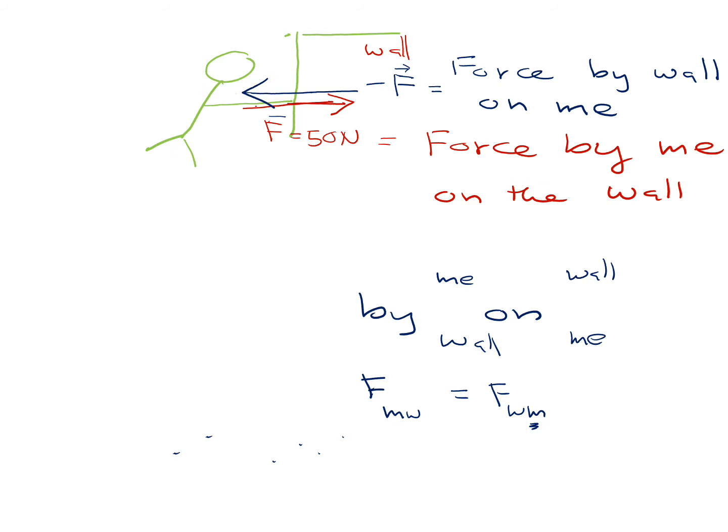Notice the subscripts switch: the first one is by me on the wall, the second one is by wall on me. If you consider the direction, one is the negative value of the other force because those two forces are opposite to each other but equal in magnitude. That is basically what Newton's third law says.